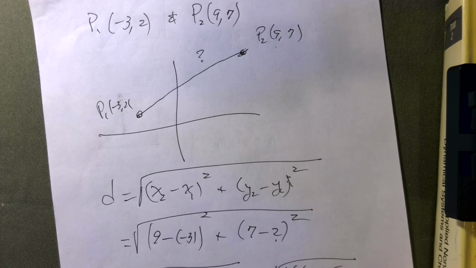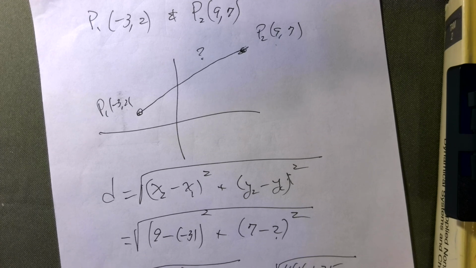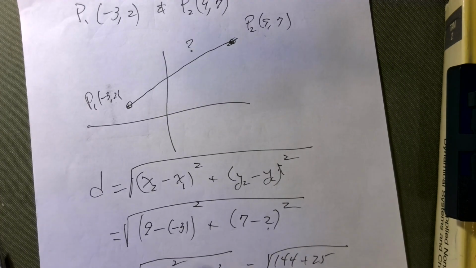So 12 squared is 144. 5 squared is 25. And if you add them up, you get 169, which turns out to be a perfect square. And so the square root of 169 is 13, and that's how you calculate distances. And that is it. I can't drag that out any further. That is the distance between 2 points.